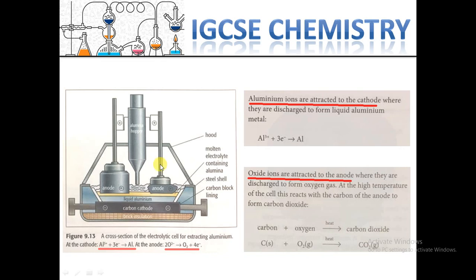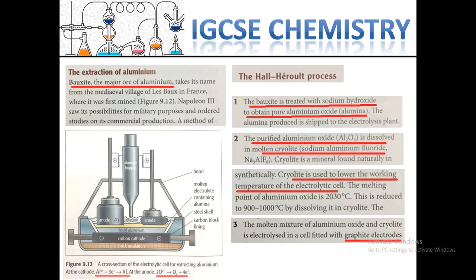Graphite is used in the anode to react with the oxygen from aluminium oxide. Here we have molten aluminium oxide.